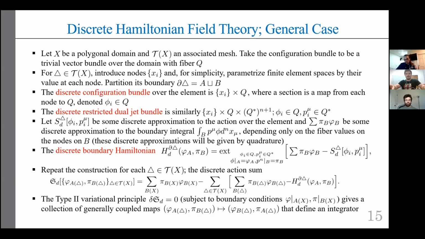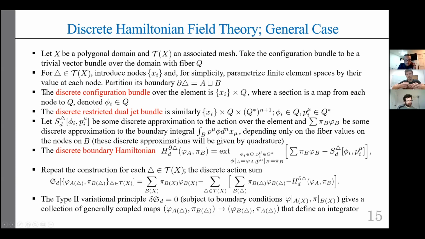Okay, so we're going to want to think about Hamiltonian field theory, except instead of on some general region of space-time, we want to think about it on some kind of mesh. We assume our space-time X is a polygonal domain, and T of X is the associated mesh. Again, we assume we have a trivial vector bundle, which is where our fields live.